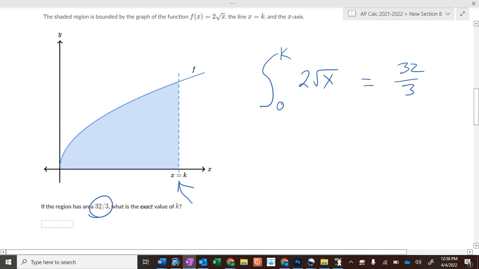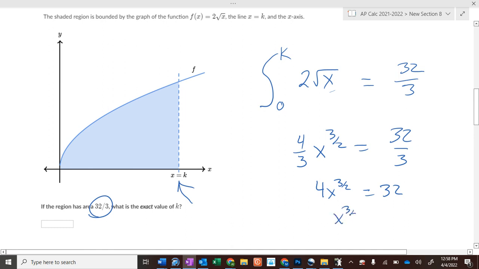So if we integrate 2 square root of x, this is x to the 1/2, right? So it becomes x to the 3/2 with a 2/3 in front times 2, which is 4/3 in front, equals 32 thirds. See what just happened there? We just integrated. If we multiply both sides by 3, 4x to the 3/2 equals 32.